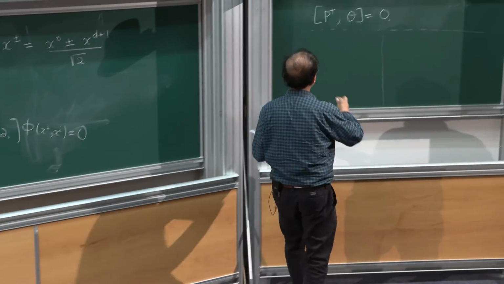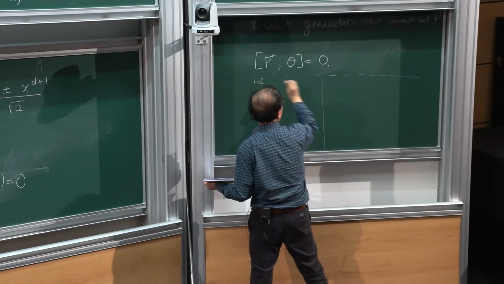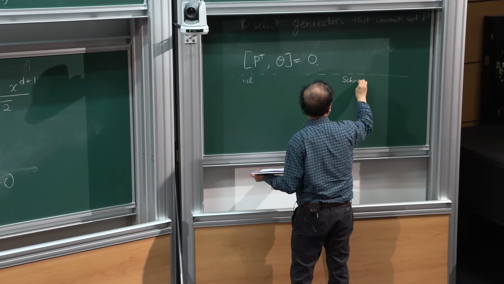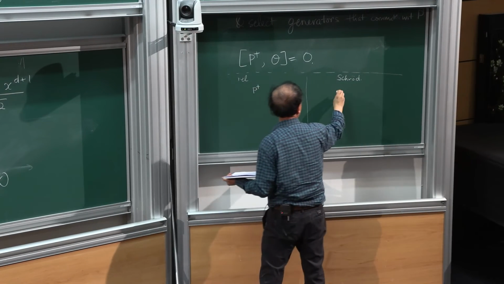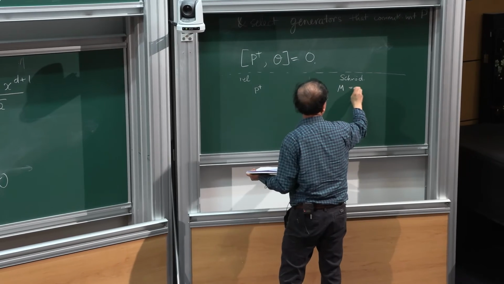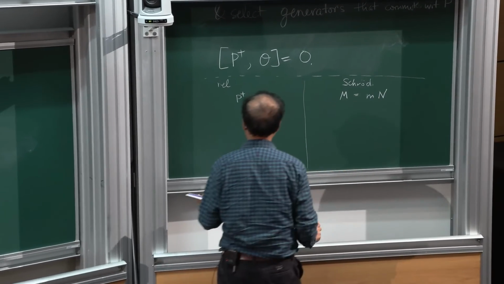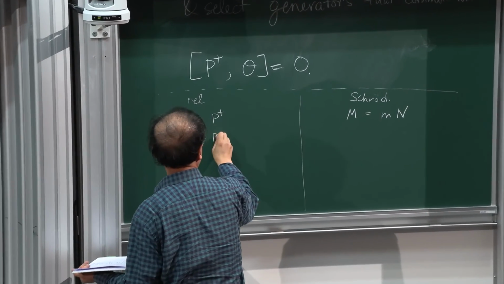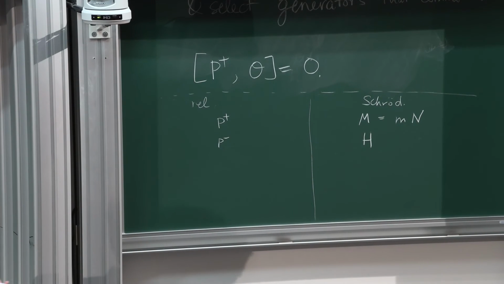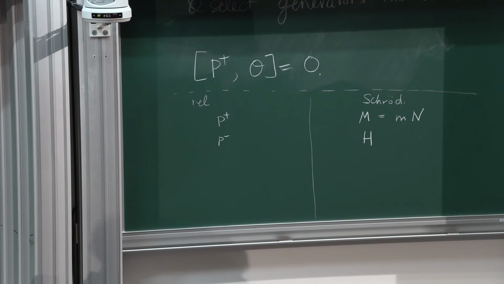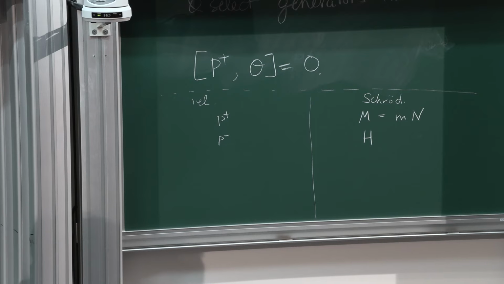So what used to be relativistic is now Schrödinger. What used to be p^+ becomes the operator of mass, which is m times the number of particles. What used to be p^- becomes the operator of the Hamiltonian. Right, so that's the momentum. The translation to momentum.